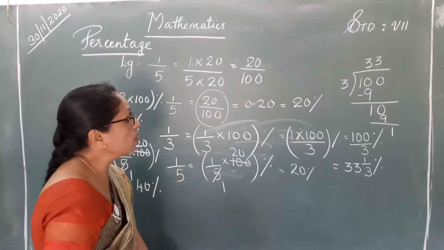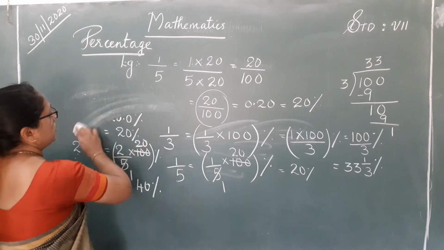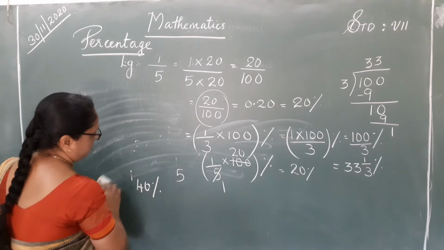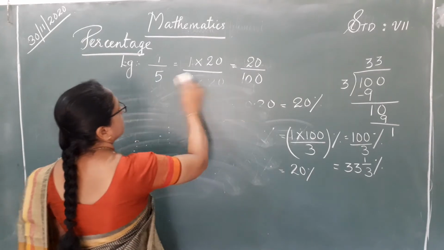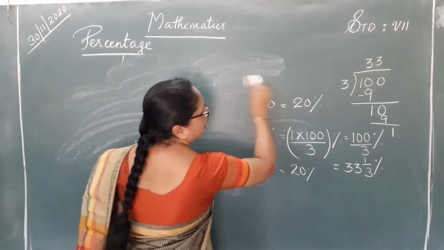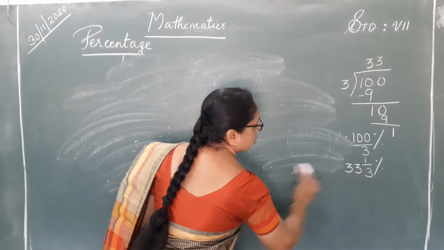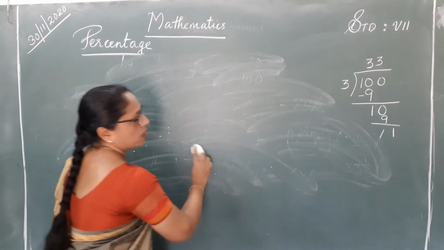Okay, so we are learning a rule on how to convert fraction, decimal, ratio to percentage. What is the rule?